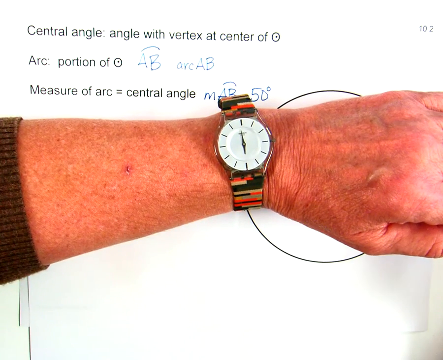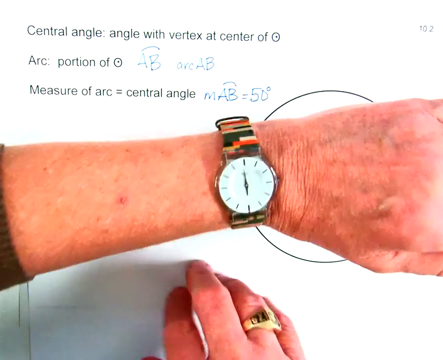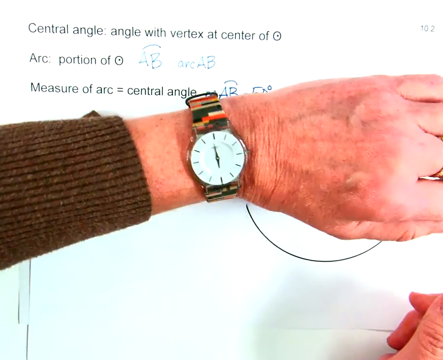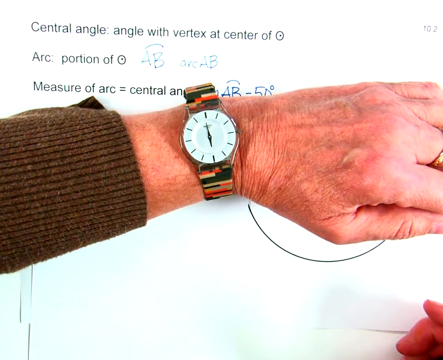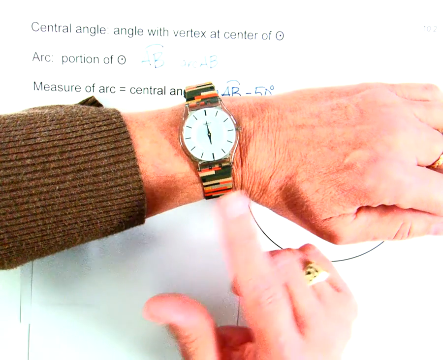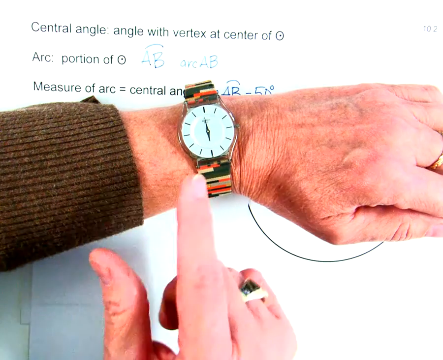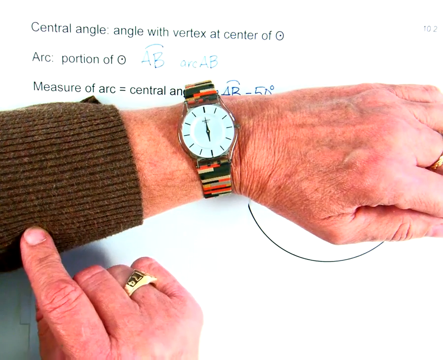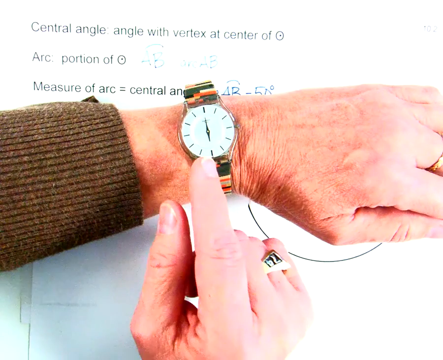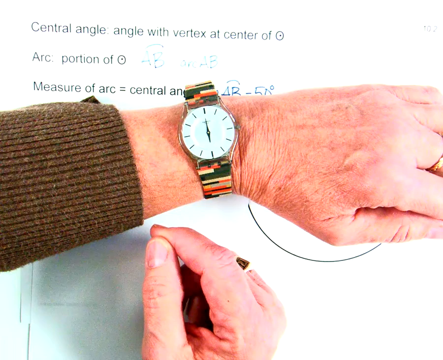But the thing about clocks is it doesn't matter if it's a little bitty clock like here in my watch, or a big clock like on the wall, or a big huge clock like downtown on City Hall at Houston that sometimes works, the angle is the same. Analog clocks work because they've all got the same angle. Doesn't matter how big it is, we judge the time based on the central angle, the angle at the center. In this case, it's coming up on 180 degrees and it's coming up on 6 o'clock.